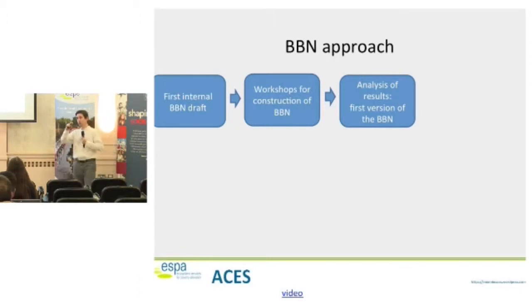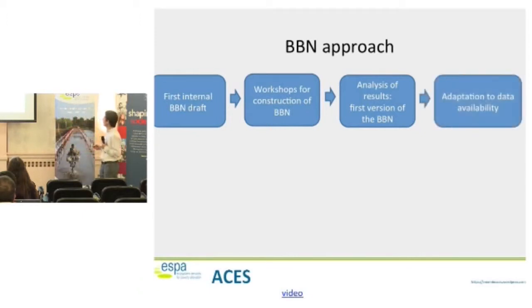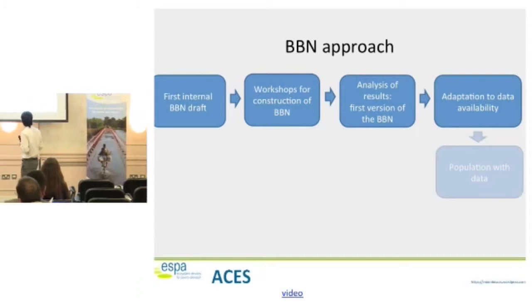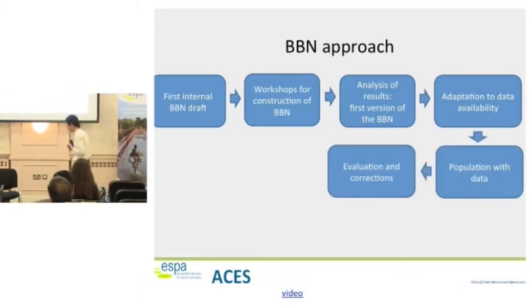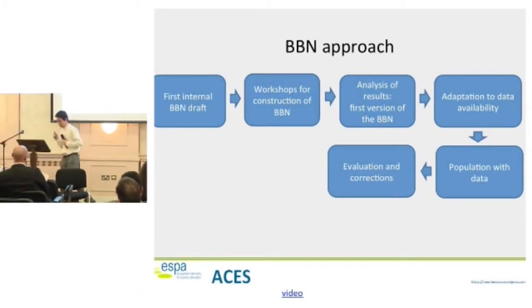With this, we construct a first draft of the Bayesian network, or the causal diagram still, and then we adapt it to the data we have. So from all the variables they have found as more important, we take the ones that we can measure. Okay. And then we populate with data, and we plan to be able to evaluate the results with stakeholders.